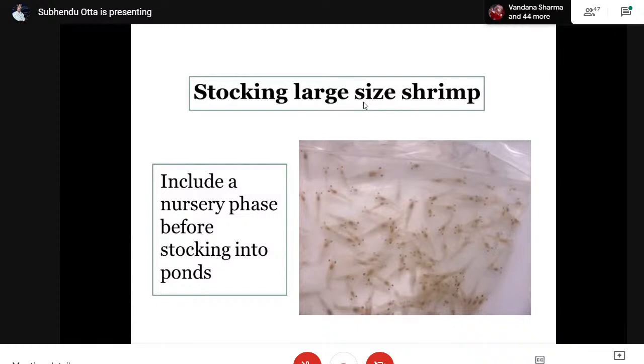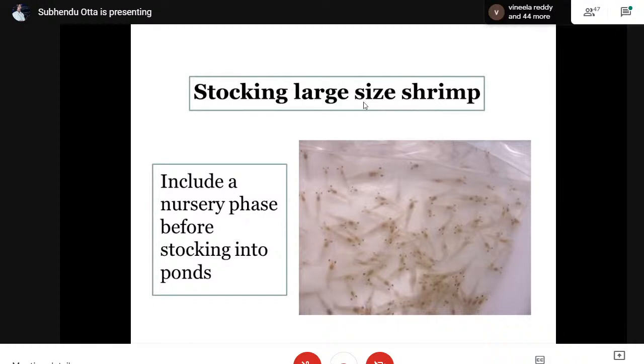Another practice you should follow is to stock a larger size of shrimp. In general, earlier in tiger shrimp, Penaeus monodon, they used to supply PL10 or PL15, even PL20. But nowadays in the case of Vannamei, at PL8 or 10 itself, they sell the larvae for stocking. At that stage, many of the immune systems are not yet clearly developed.